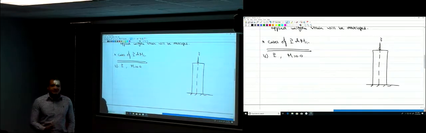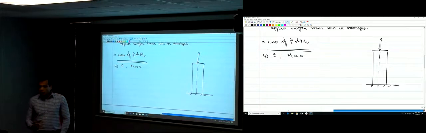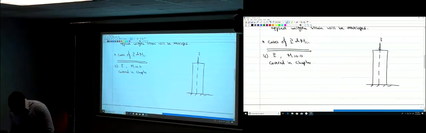What's that case? This is the case that we studied in chapter 9. You only have an axial force. There is no bending stresses. So when you have this, this is covered in chapter 9.